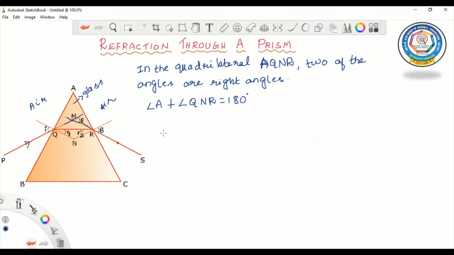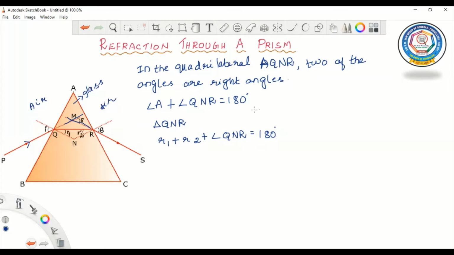Now let us consider the triangle QNR. R1 plus R2 plus angle QNR is equal to 180 degrees.